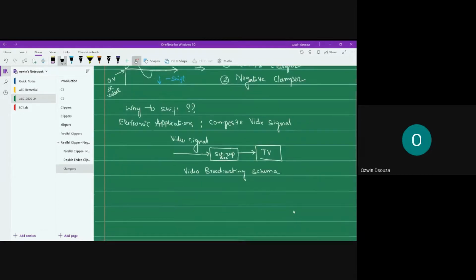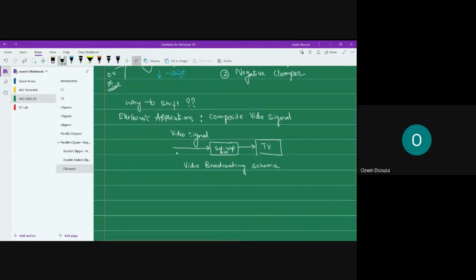Now, when you say video signal, what are the subcomponents of the video signal? The video signal will have three signals. This video signal is superimposed with the audio signal, and then the sync signal. I'll come to it, what do you mean by sync signal, which is also called the synchronous signal.